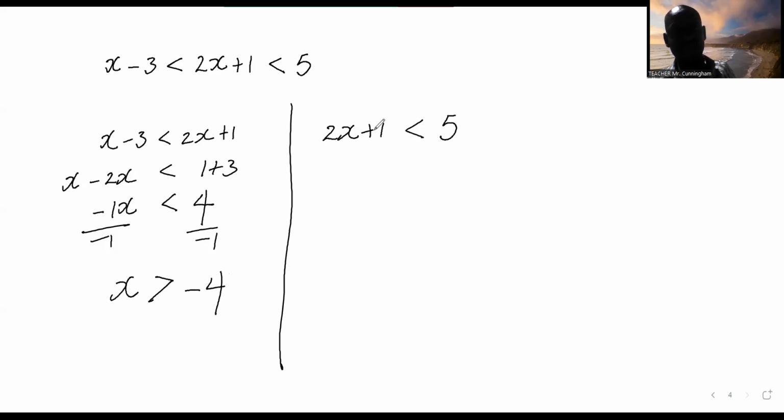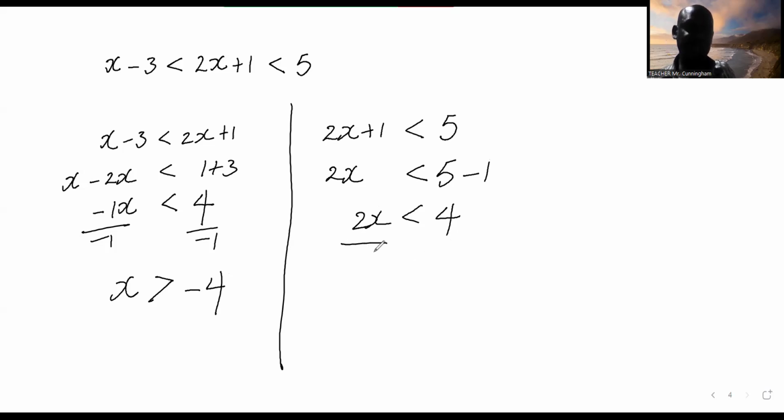And for this answer here, you have 2x less than 5 minus 1, 2x less than 4. We're dividing by 2 throughout, so x is less than 2. The sign does not change. Everybody okay with this? Yeah, I can explain it one more time.